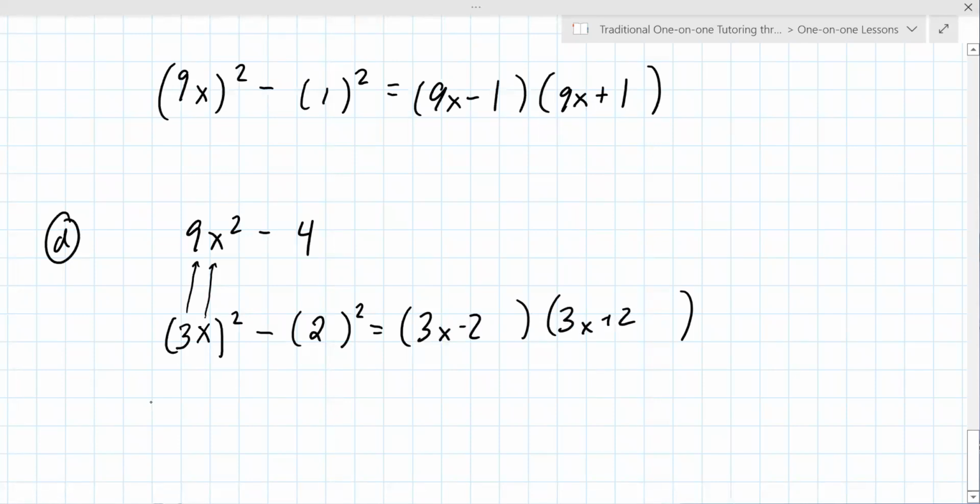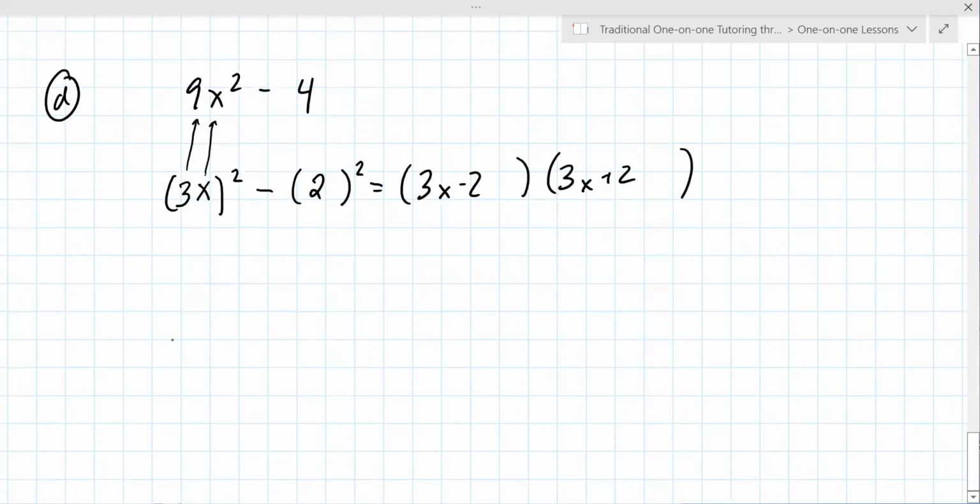Okay, so now let's try one kind of like this. 16x squared minus 25. So again, you have to figure out what squared minus what squared. So what do you square to get back to 16x squared? 4. 4 gets you to the 16.